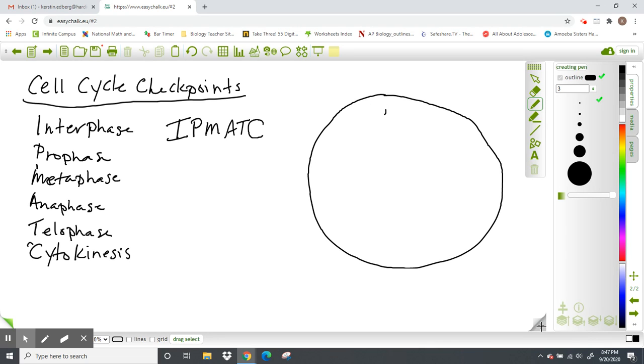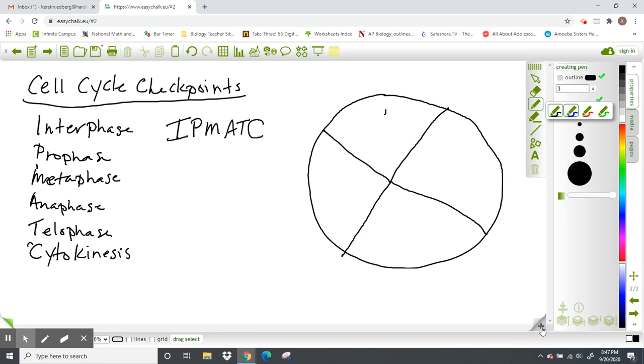Most of the life of a cell is going to be spent in interphase, but interphase itself is divided into three sections. I'm putting a line of blue in here, and again, I'm sorry for my kindergarten-esque drawings. All of those are interphase.